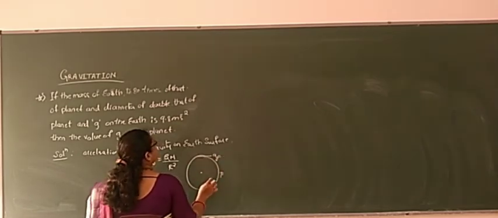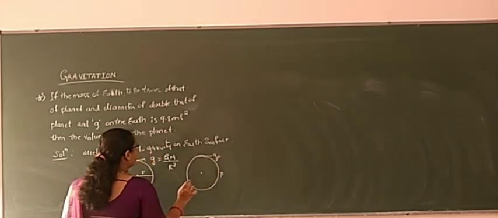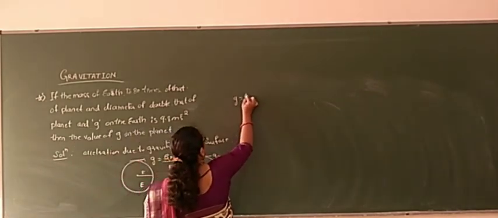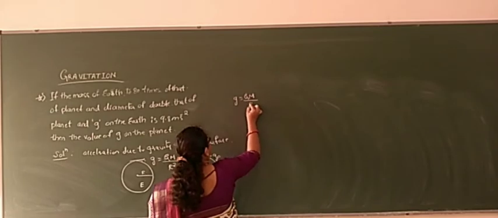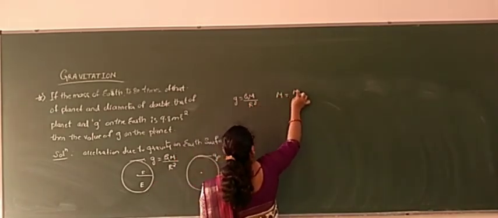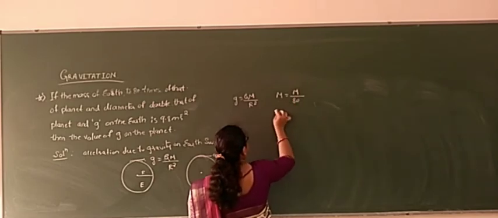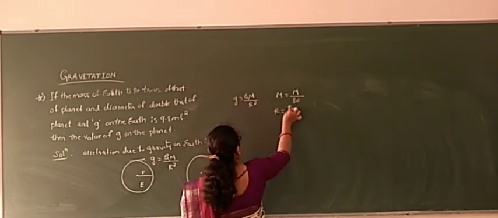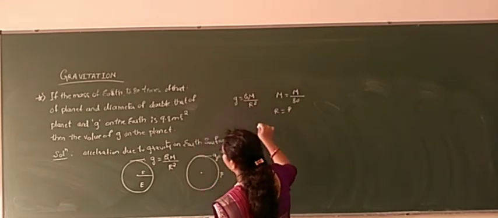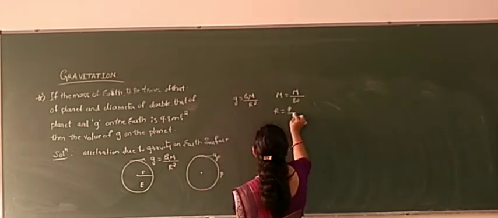Acceleration due to gravity is GM by r square. So already it is given the mass is equal to M by 80, and the radius is 1 by 2, double that of the planet.